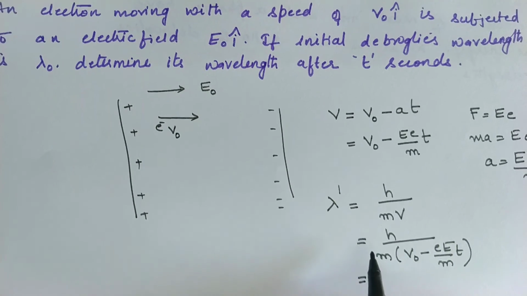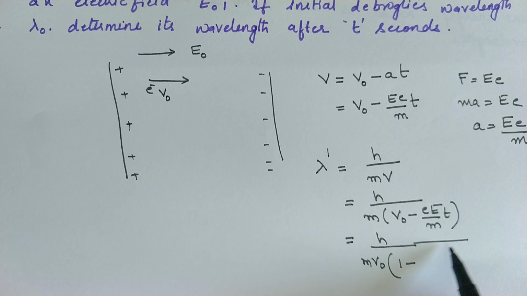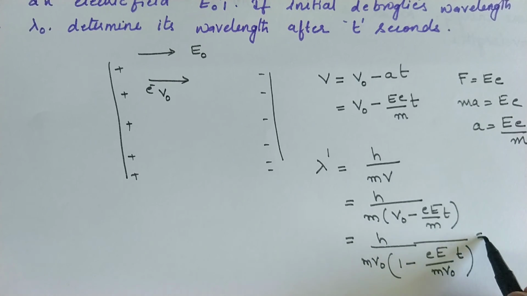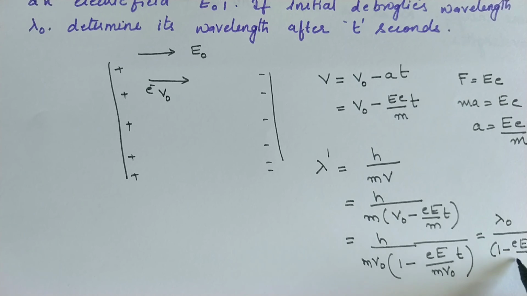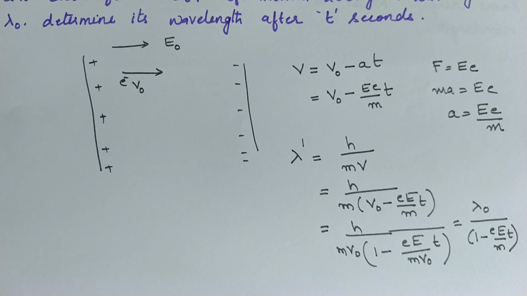Take v0 outside: h by m v0 into 1 minus small e into capital E by m v0 into t. But this h by m v0 is the initial de Broglie wavelength. So I will write it as lambda naught divided by 1 minus small e into capital E by m v0 into t. So this gives you the de Broglie wavelength.